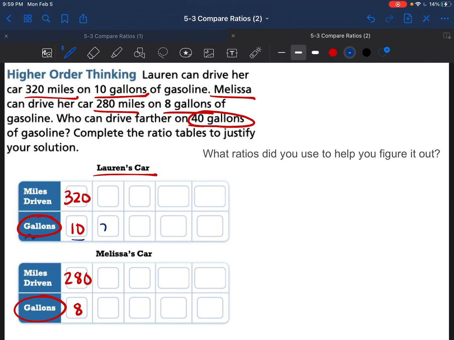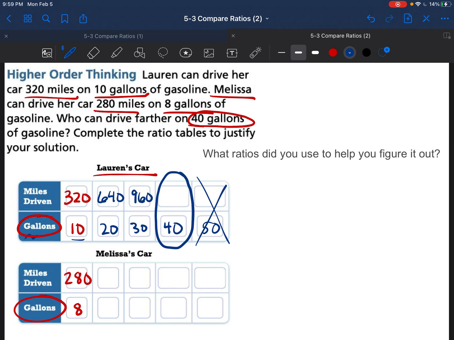So for gallons, let's count 10, 20, 30, 40. Now, you can go to 50, but really, we don't even need that because our ratio is going to be right here. So let's now skip count by 320s. We have 320 plus 320, 640, plus another 320, 960, plus another 320, 1,280.